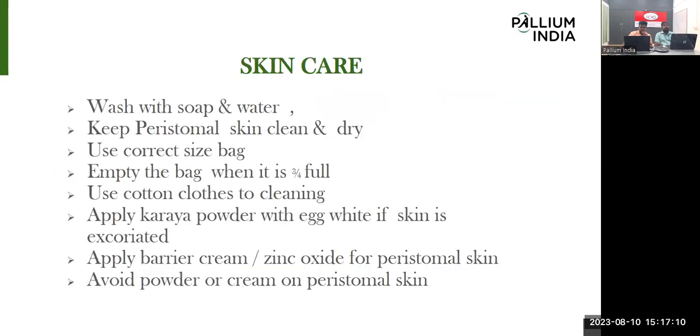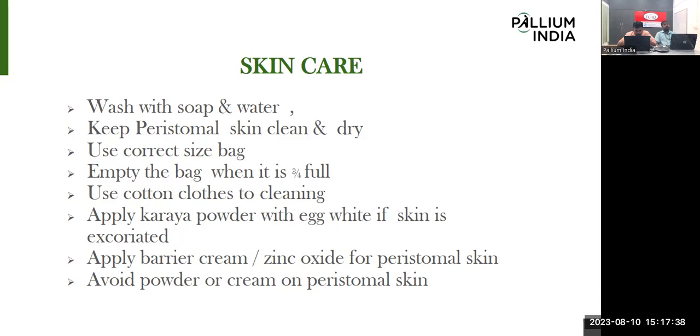As part of proper skin care, wash the peristomal region with soap and water. After cleaning, keep it dry for some time. Then use the correct size of bag. Repeatedly I am telling, not too tight and not too loose. According to the measuring gauge guidance, we need to select the proper size of the bag, then fix it.